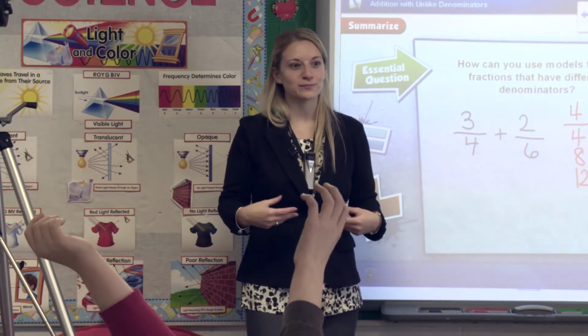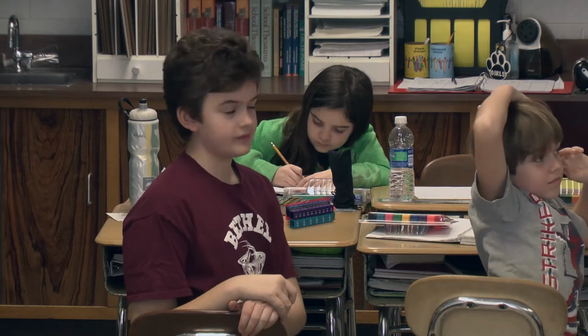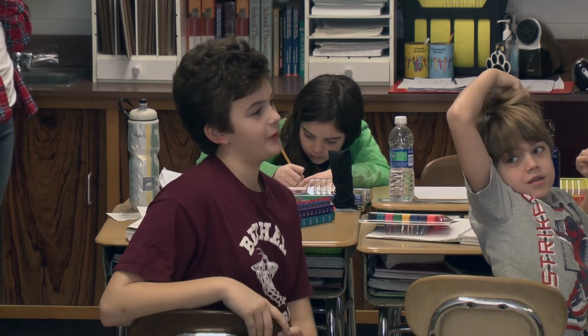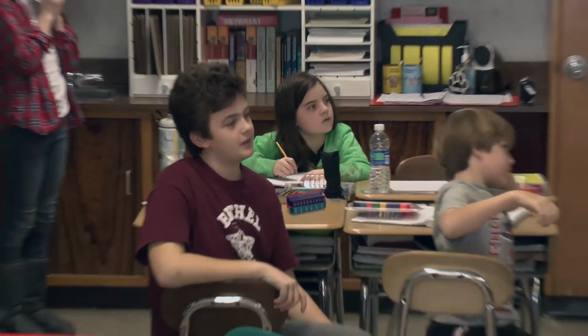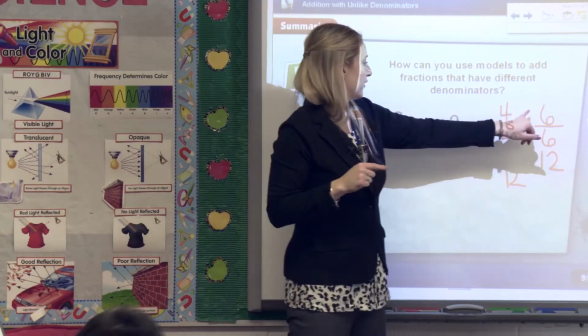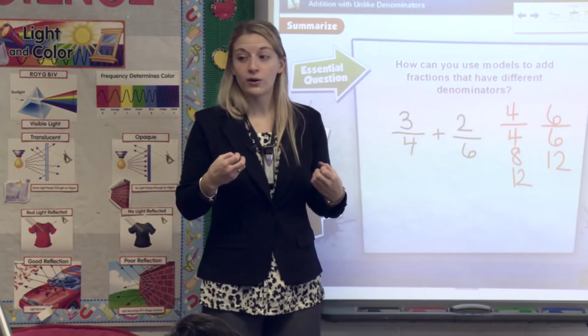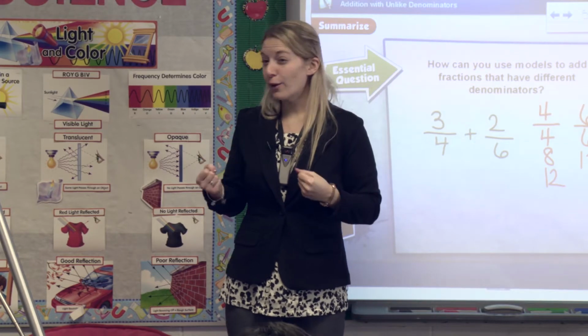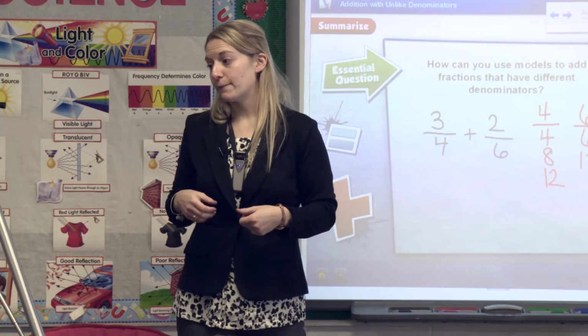How can I find those, Maddie? Common multiples, yeah. So 12 is a multiple of 4. 12 is also a multiple of 6. So those common multiples might help us to find equivalent fractions. We're going to explore that more.